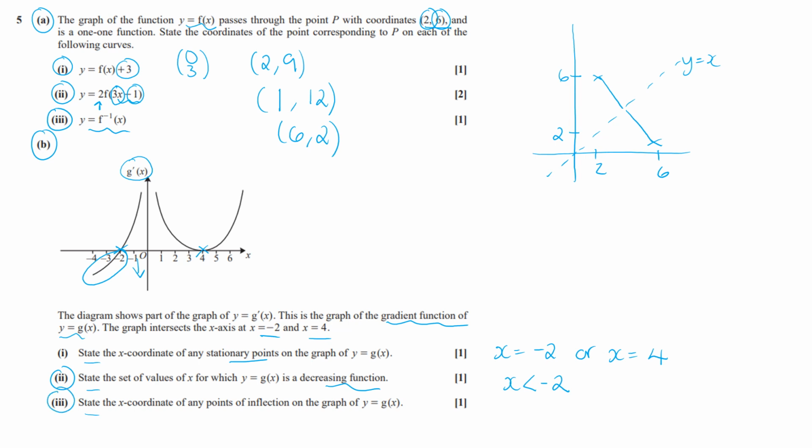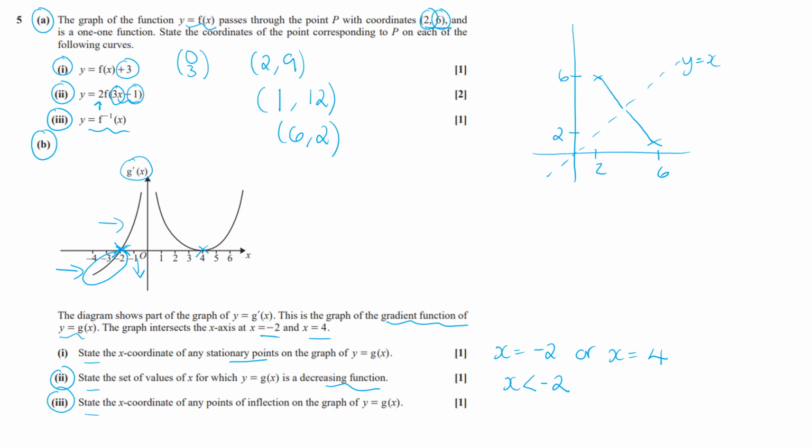Part 3, state the x coordinates of the point of inflection. So here, when we've got a stationary point at -2, we can see before that -2 the gradient was negative because it's below, and then after the -2 the gradient is now above, so that's positive. So when the gradient goes from negative to positive, that's telling me that I've got a min.